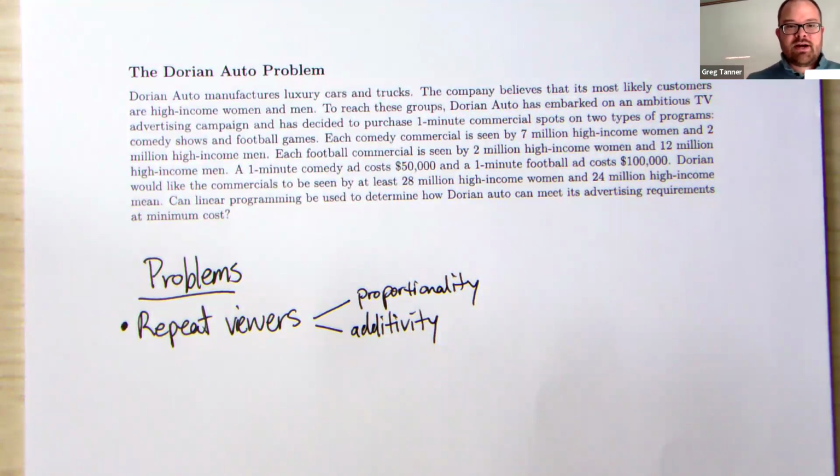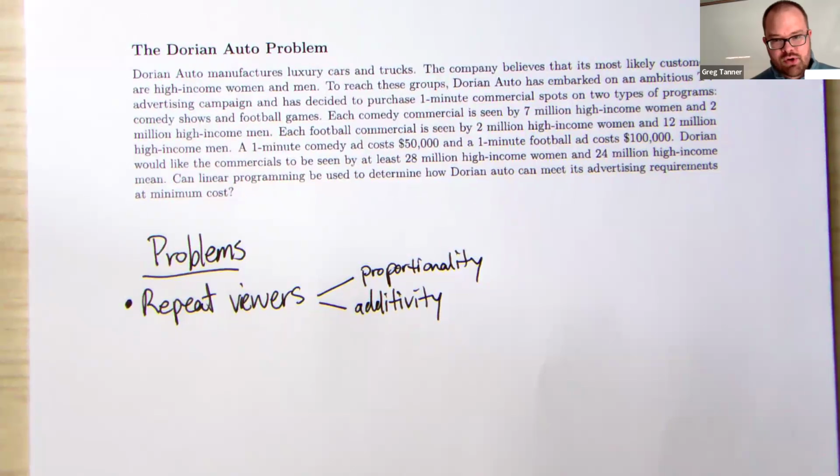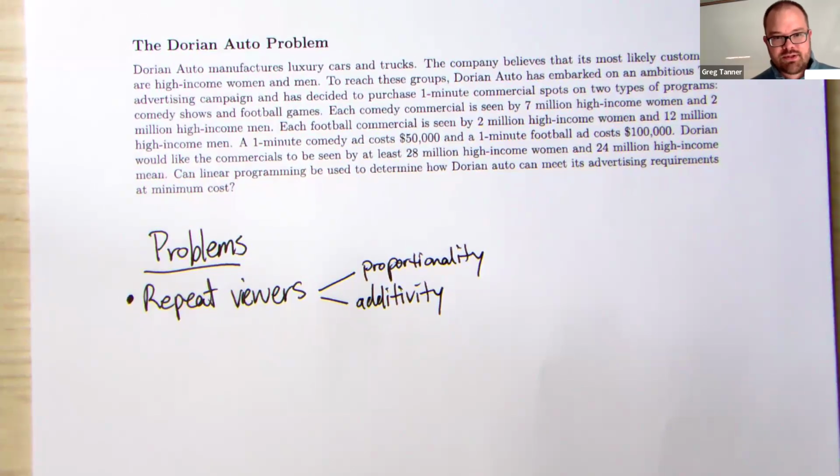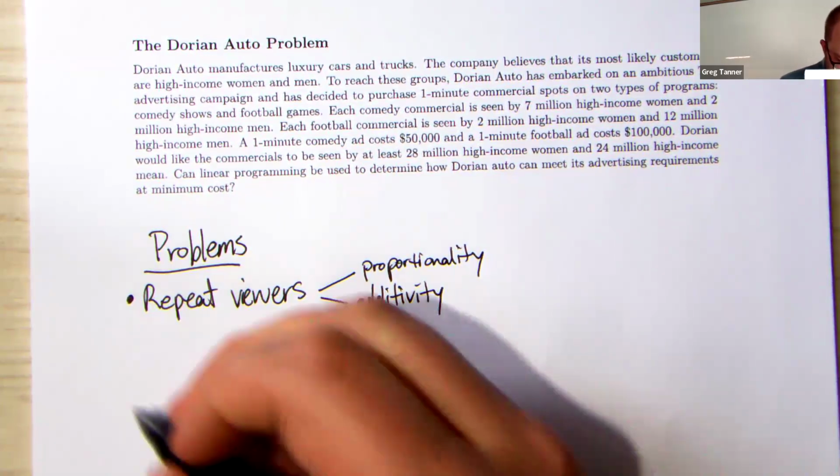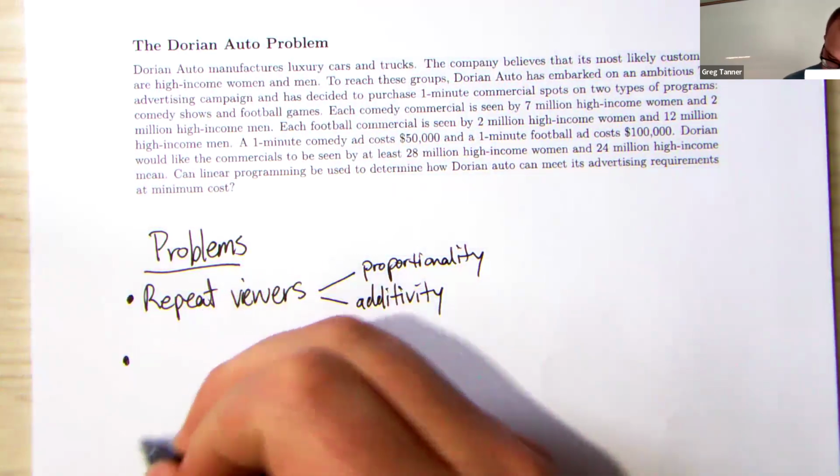And so each football commercial, after you've started airing comedy commercials, only generates fewer unique viewers. So yeah, repeat viewers is a problem, at least as the scenario is set up. Another one is divisibility.